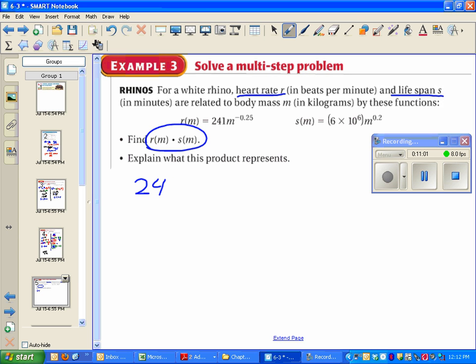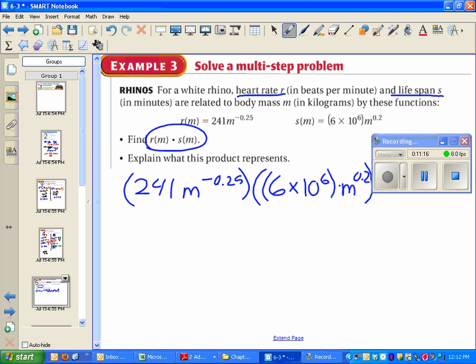So I have 241 m to the negative 0.25. And I'm going to multiply that with 6 times 10 to the 6th, m to the 0.2. Okay. All right, it looks kind of crazy, but we can do this. So the first thing I'm going to do is put the numbers together.